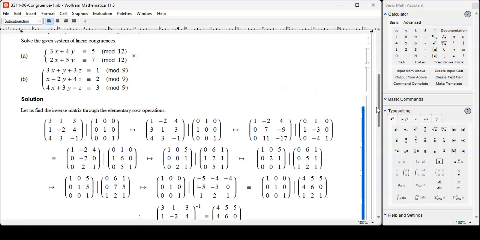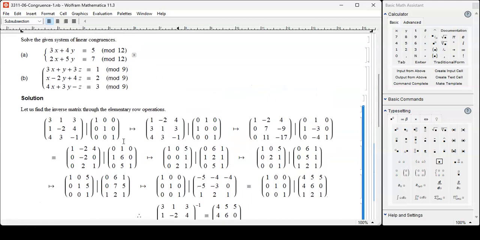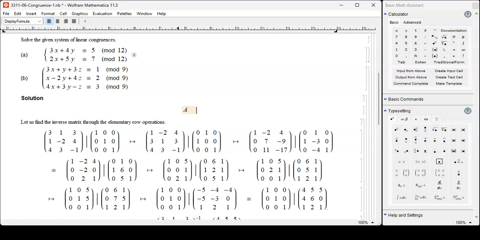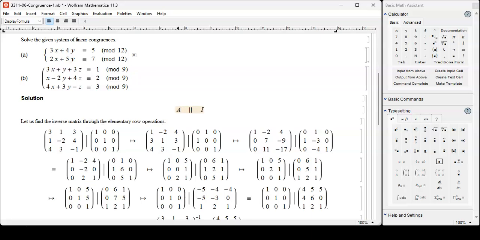So begin with the original matrix to the left and then the identity matrix to the right. So what we're going to have is something like A and then I. And then we are conducting some elementary row operations.